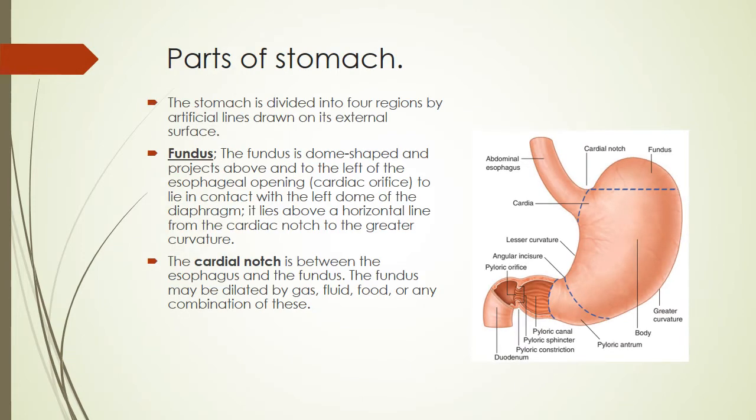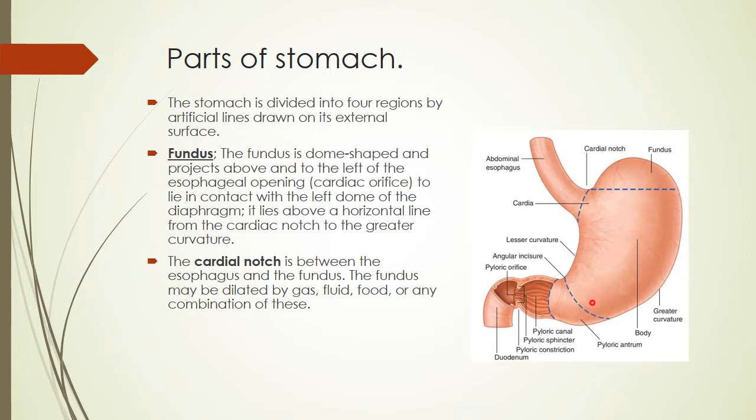Stomach is divided into 4 regions by some artificial lines drawn on its external surface. The first line which we will draw is from this cardiac notch towards greater curvature. This horizontal line, which from the cardiac notch to greater curvature.